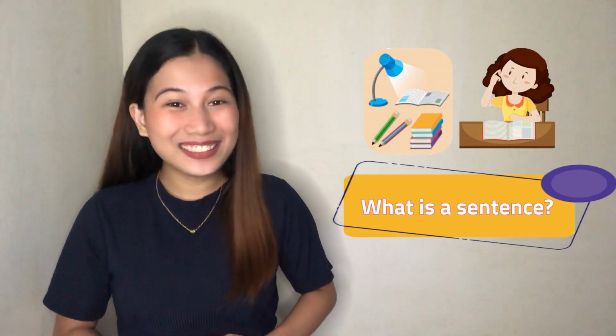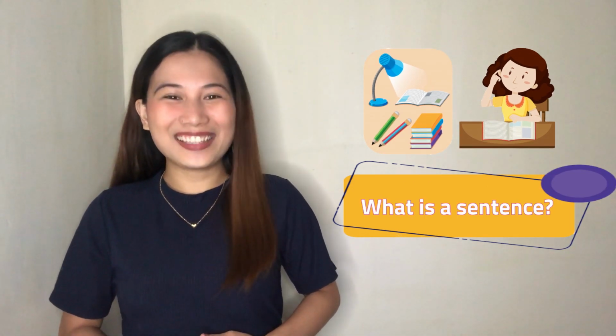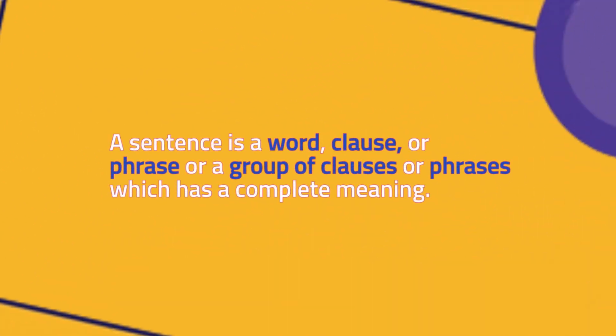Before we start discussing the types of sentences, let us first review the definition of a sentence. Again, what is a sentence, kids? Right. If we take a look at its meaning in the dictionary, a sentence is a word, clause, or phrase, or a group of clauses or phrases which has a complete meaning.